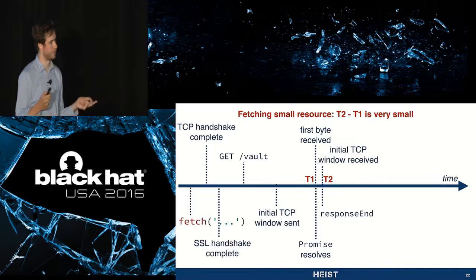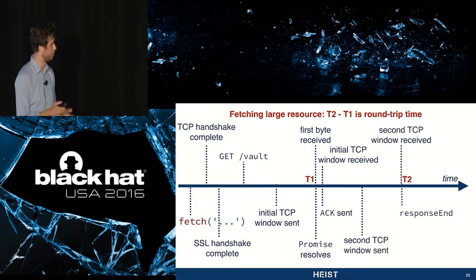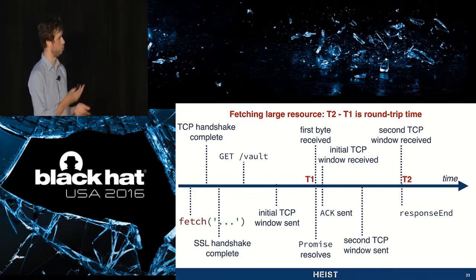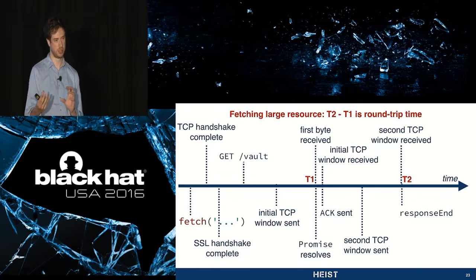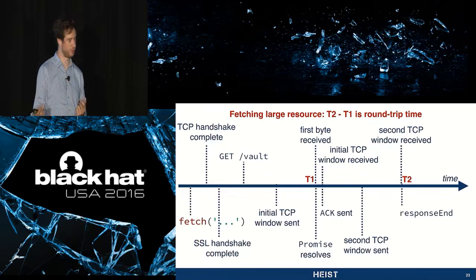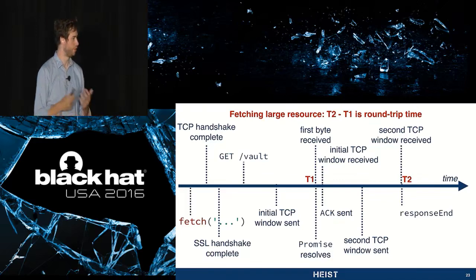Now, when we compare this with sending a resource that takes up 2 TCP windows, we see that we have a different timeline. Everything up until T1 is exactly the same, but after that, the browser or the operating system of the client will need to acknowledge receiving the first packets. So it will send out the acknowledgements, and only after the acknowledgements have been received by the server can it send out the second TCP window.